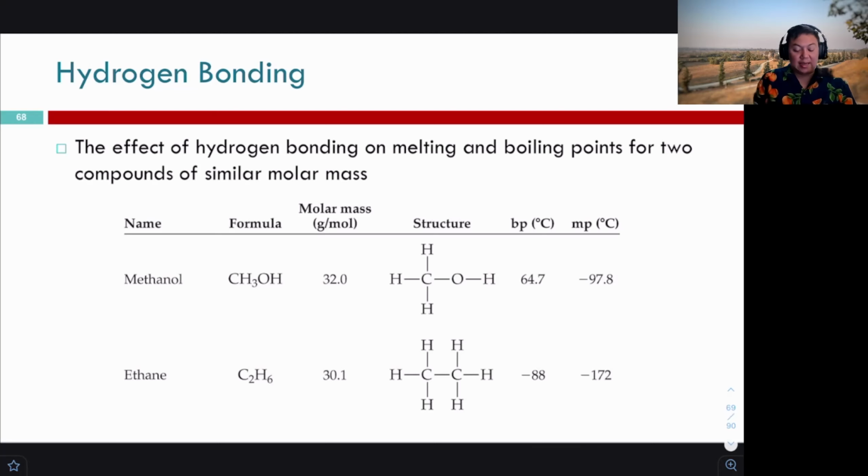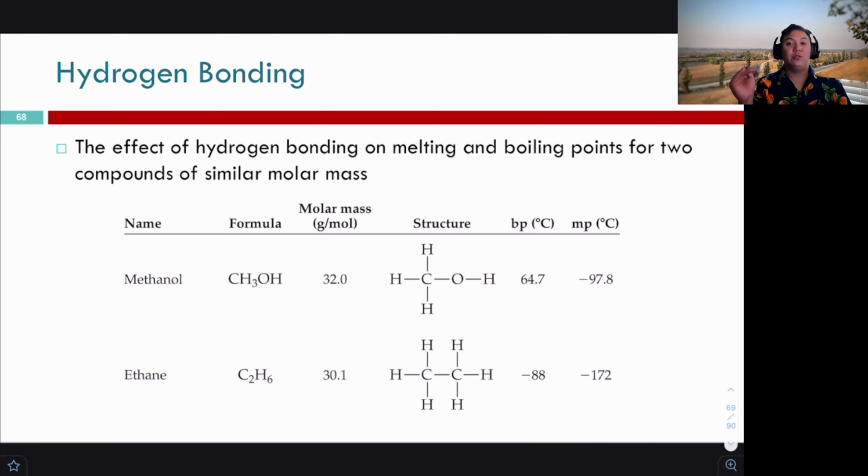So we can see this again, how it affects melting and boiling points. For methanol, which has a molar mass of 30 grams per mole, compared to ethane, which is also, 32 to 30, right? So they're really about the same. The boiling point of methanol is 64 degrees Celsius, where the boiling point of ethane is negative 88 degrees Celsius.